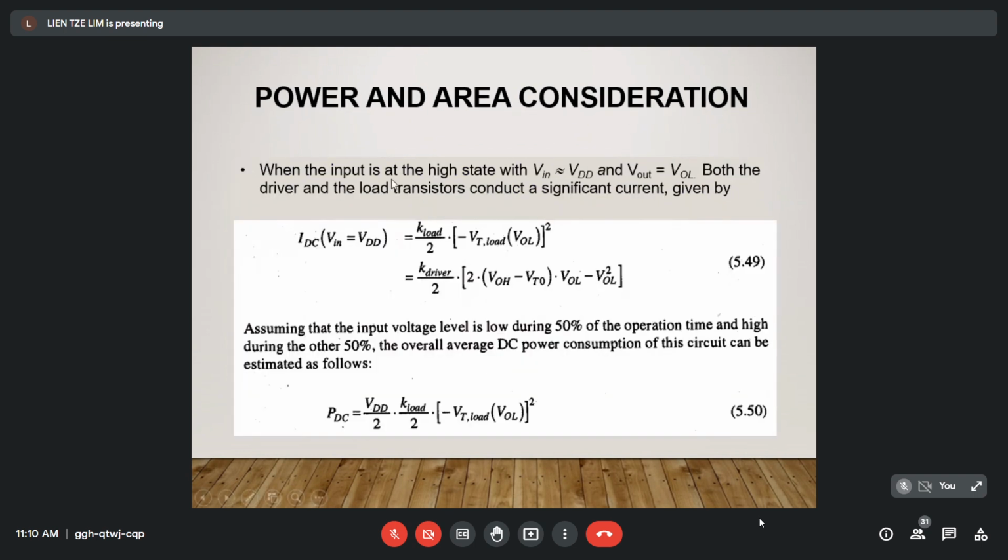Okay, when the input is at the high state, with Vin equal to VDD and Vout equal to VOL, both the driver and load transistor conduct a significant current given by ID, the drain current, which is equal to K load divided by 2 multiplied by minus VT load multiplied by VOL square.